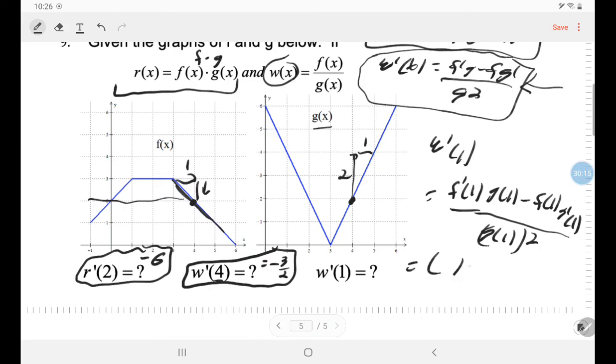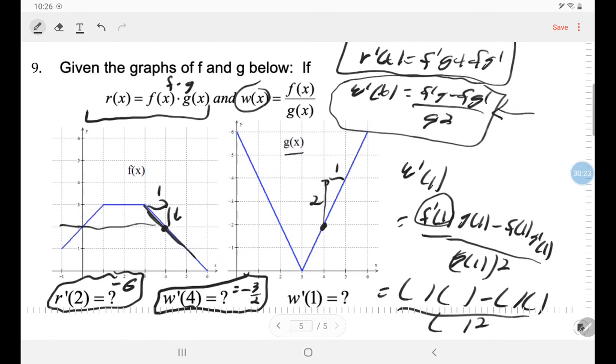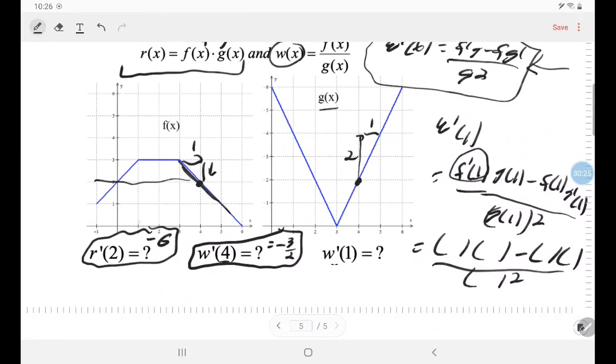So I'm going to get parentheses times, minus times, over whatever squared. I'm going to look here at F prime first. Here's 1. Notice something. I have a little thing here at 1. When x is 1 here, I have a little thing here. I refer to that as a corner point. Other teachers may call that a sharp turn.